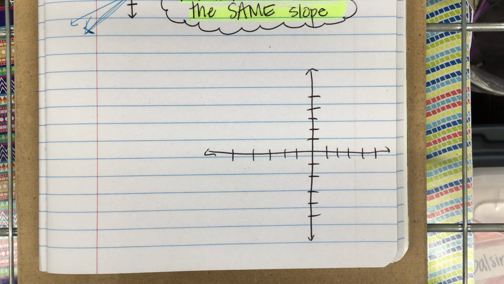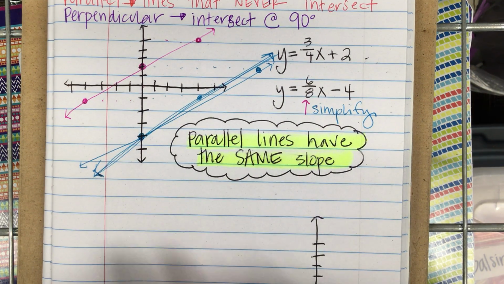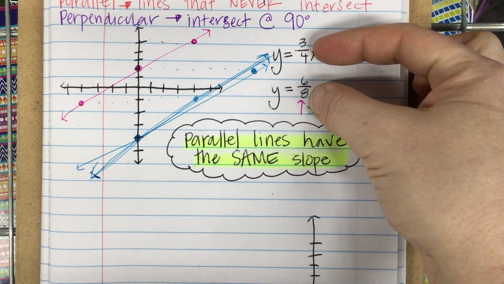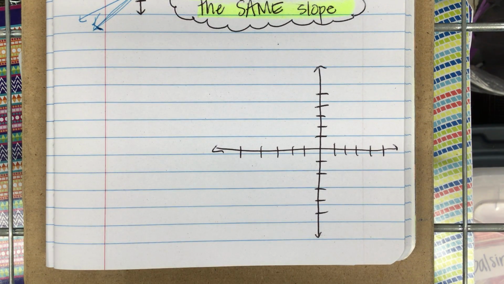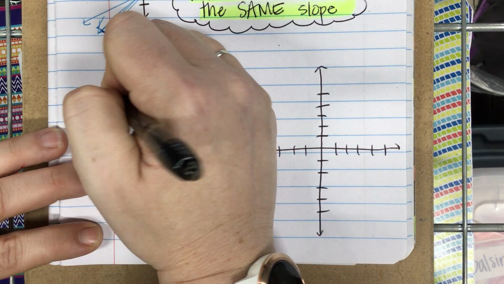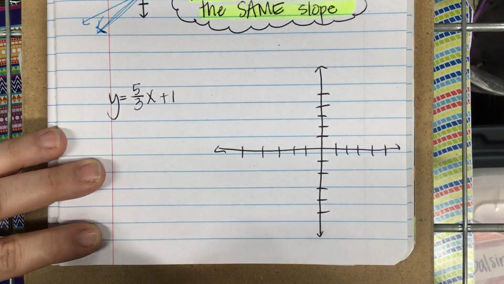Because I'm going to give you two lines, and you are going to tell me, are they parallel? Are they perpendicular? Well, we know how to do parallel right now because parallel lines have the same slope. I could graph it, but I could just look at their slopes and figure it out. So I'm going to give you two equations. y equals 5/3 x plus 1.